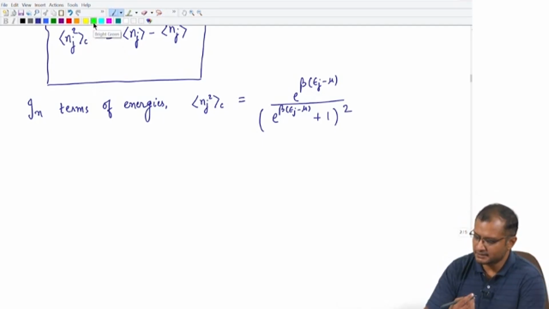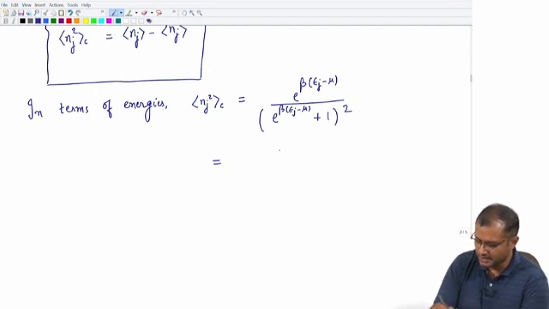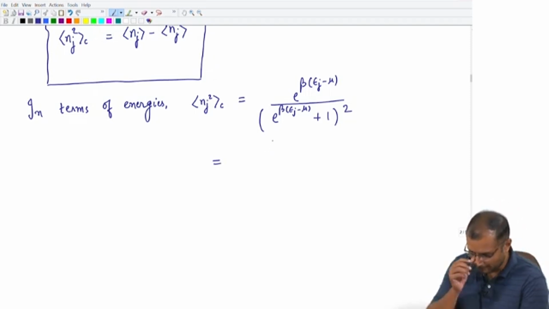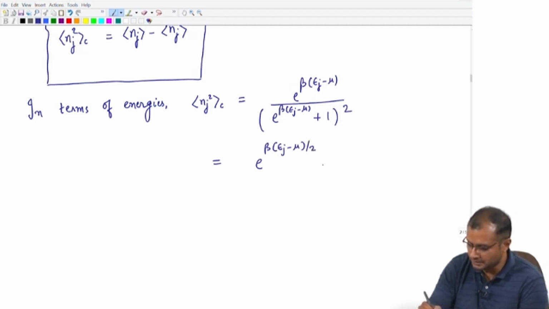So, I can just rewrite it. What I will do is write this as e to the power, with the numerator written as E j minus mu by 2 into E j minus mu by 2.